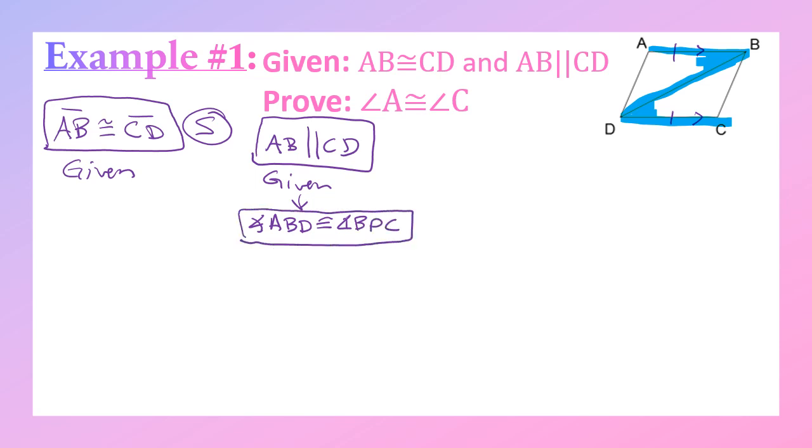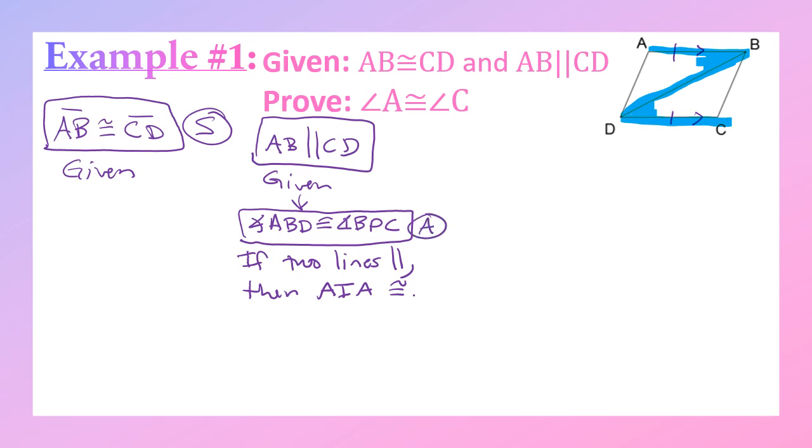And again, long reason, if two lines are parallel, then alternate interior angles are congruent. I'm going to use abbreviations today. Now I have a pair of congruent angles.